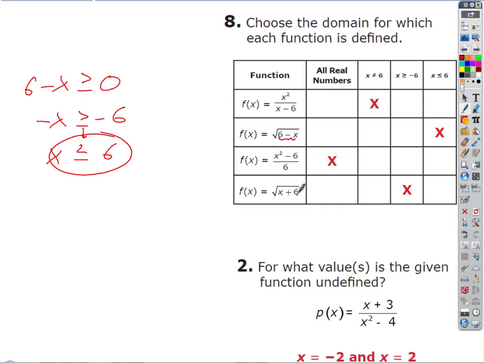We'd say x plus 6 has to be greater than or equal to 0. So what do I do? Subtract 6. So x is greater than or equal to negative 6. That's going to be the domain for that one. Not that bad.